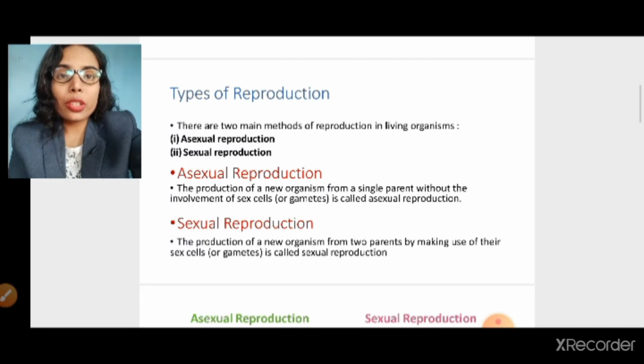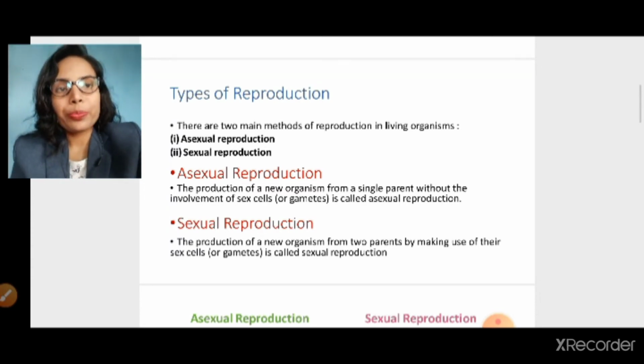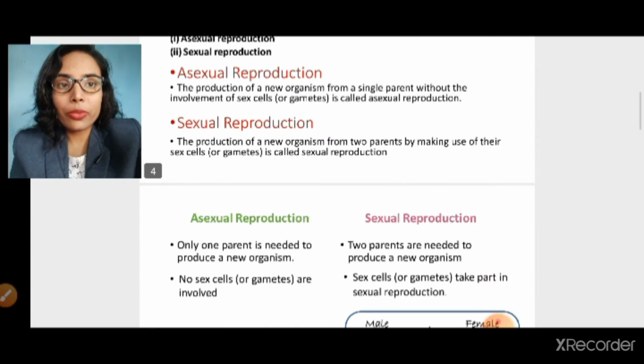Second, sexual reproduction. The production of a new organism from 2 parents by making use of their sex cells or gametes is called sexual reproduction.